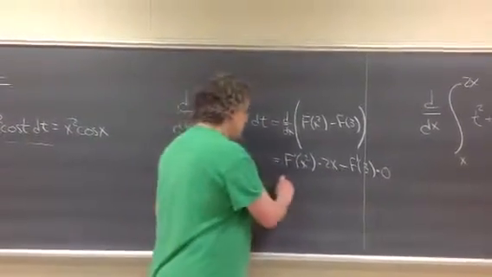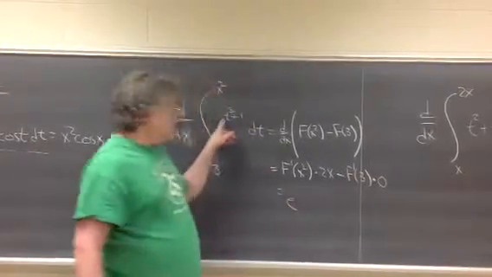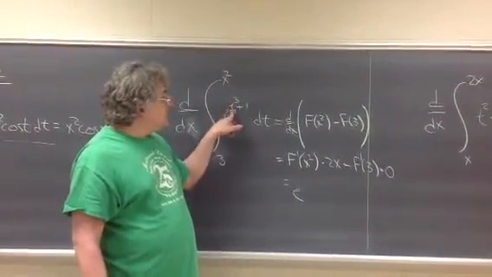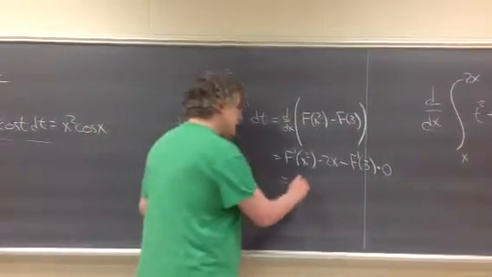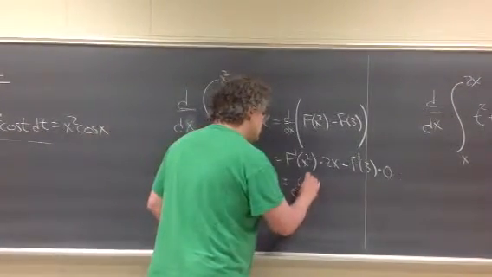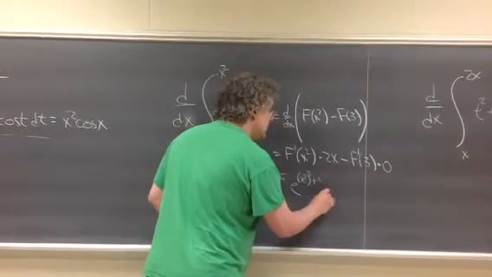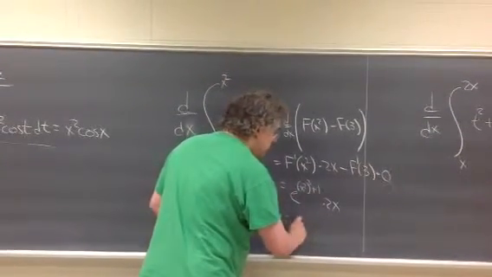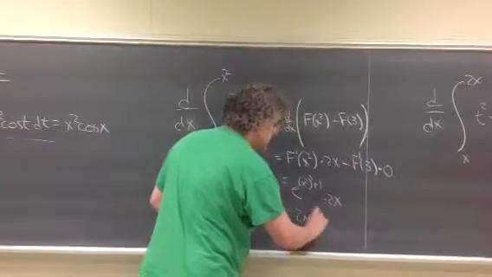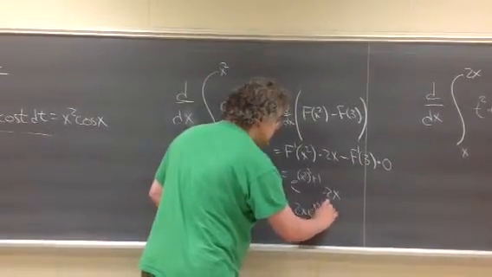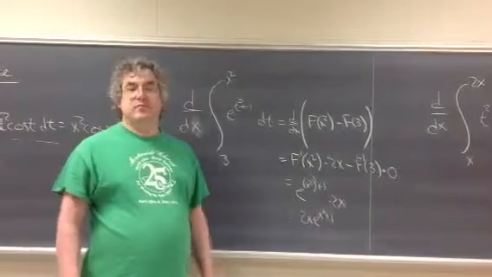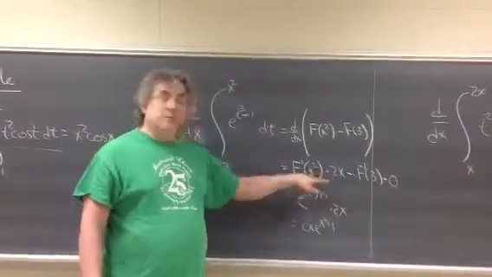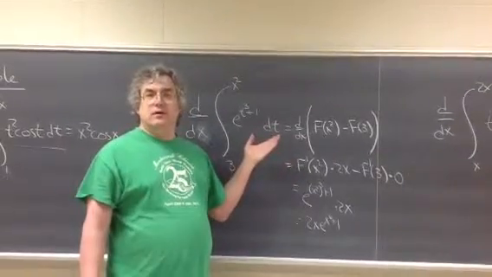What do we get? e to the, well, it's not e to the x squared. It's t is x squared. So it's x squared cubed plus 1 times 2x. That's 0, so we don't worry about that. And I will rewrite this that way. See, when this is not an x, it gets messier, but it's still pretty straightforward.